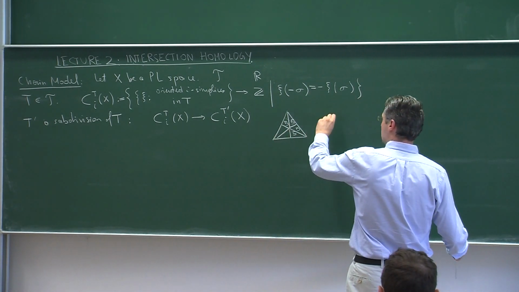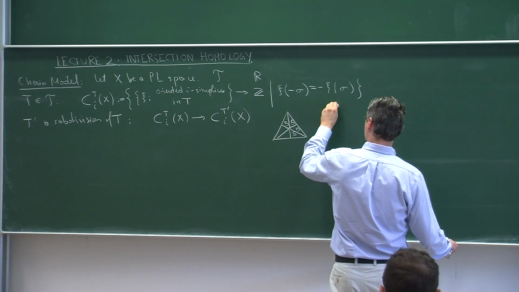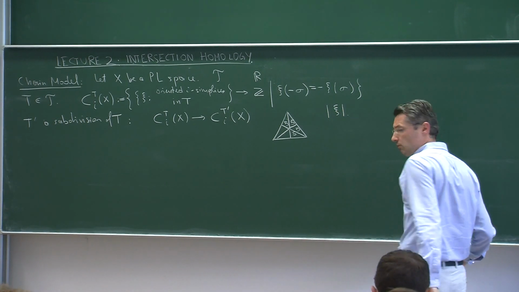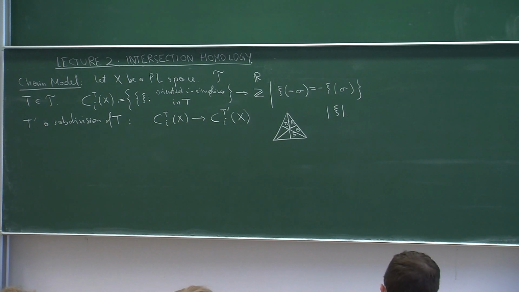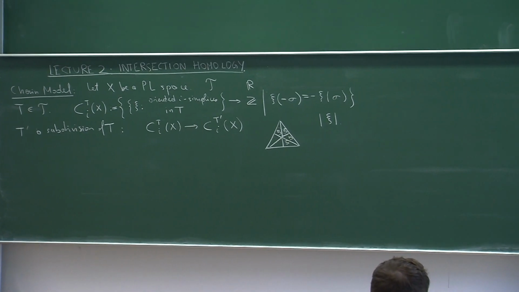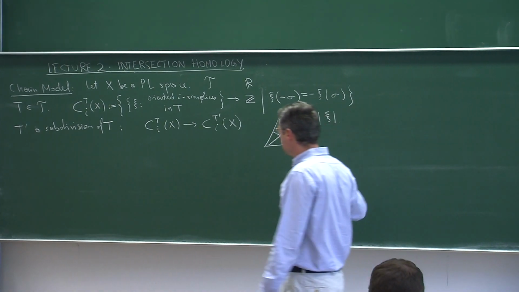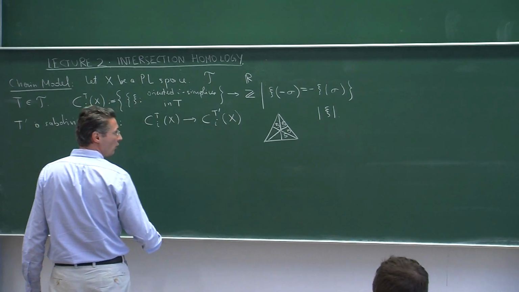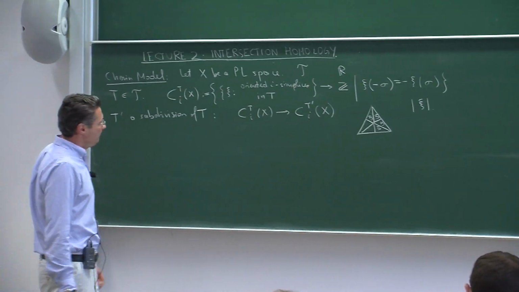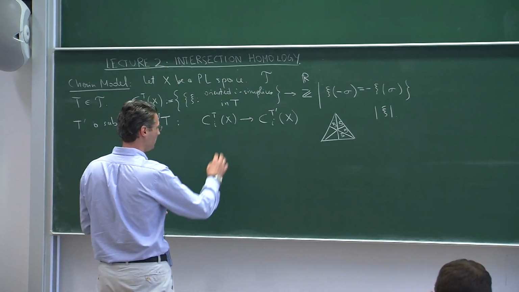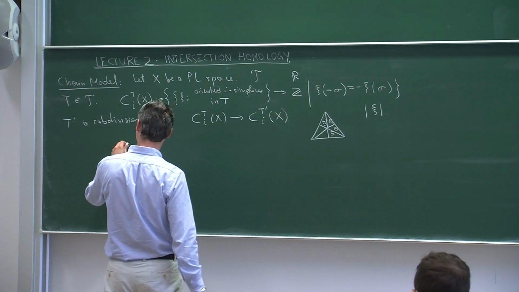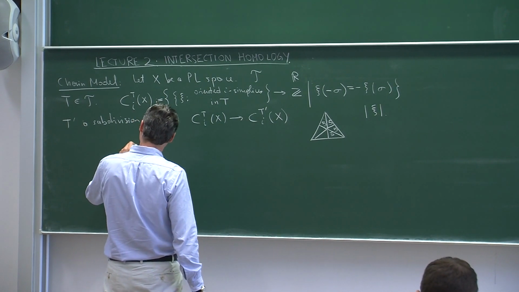Notice also that there is something called the support of a chain, which is just the union of all closed simplices where the chain has non-zero value. I'll write it with these bars, bar Xi. That's a subcomplex, a sub-PL space of X. And now, with respect to this system of maps, I can take the colimit.